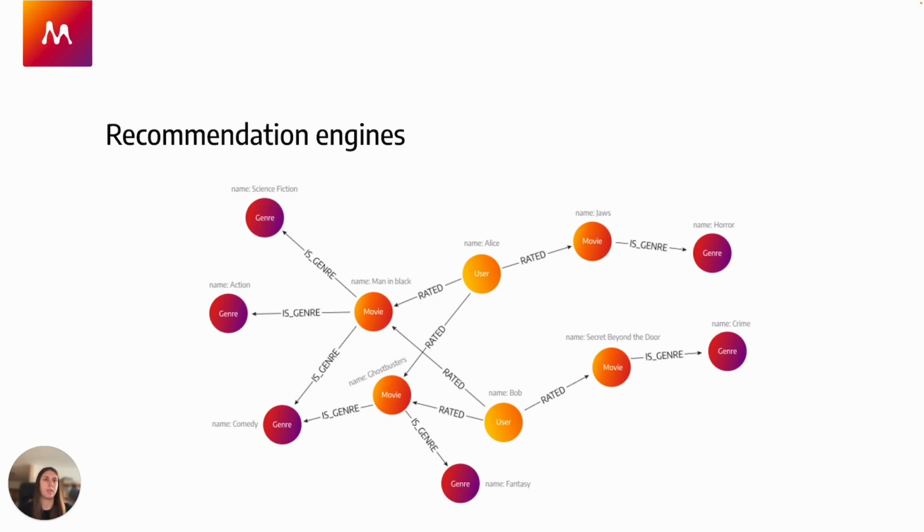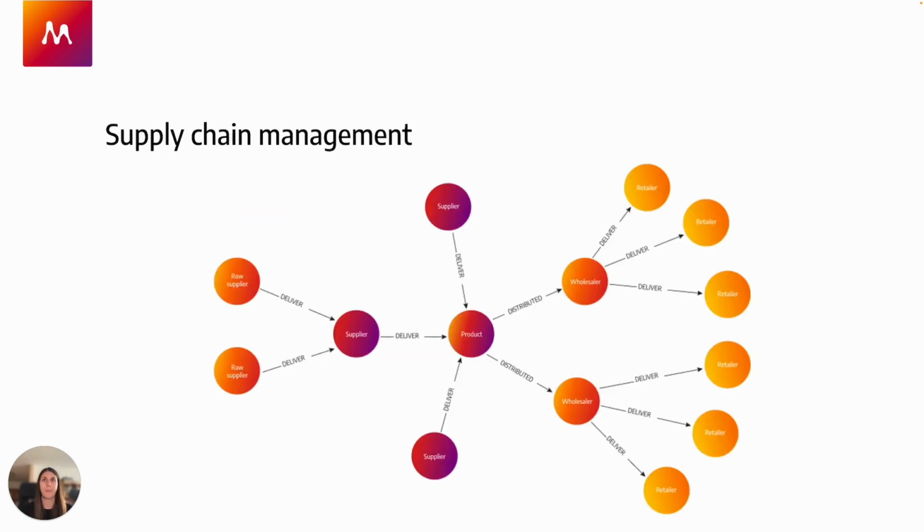In this kind of example, you can learn how to do different kinds of movie recommendations based on the similarities of the users. Let's say two users are similar because they rated the same movie, and so on.